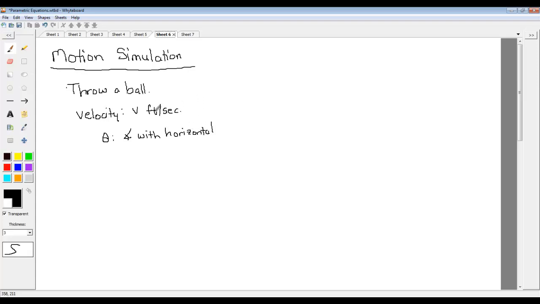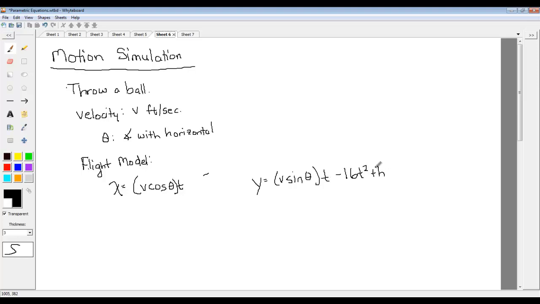Then we can model the flight using parametric equations. X equals v cosine theta times t, while y equals v sine theta times t minus 16t squared plus h.